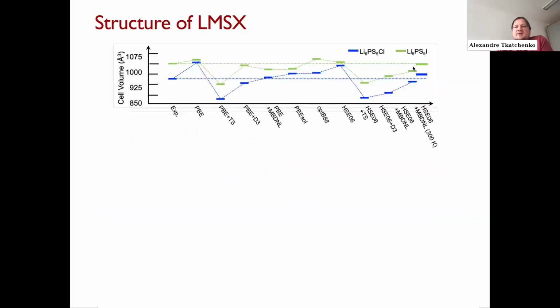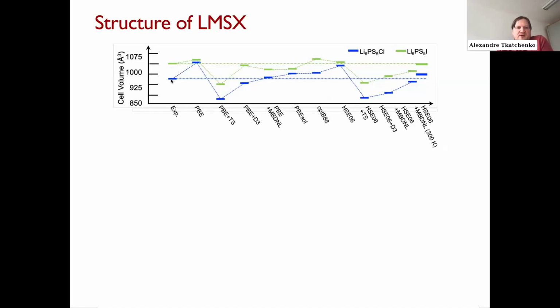So in order to understand the mobility, we first need to understand the general stability of the material. Let us start by looking just at the global structure of these materials by measuring the cell volume. So we look now at just two of these materials, the chlorine-based and the iodine-based argyrodites.